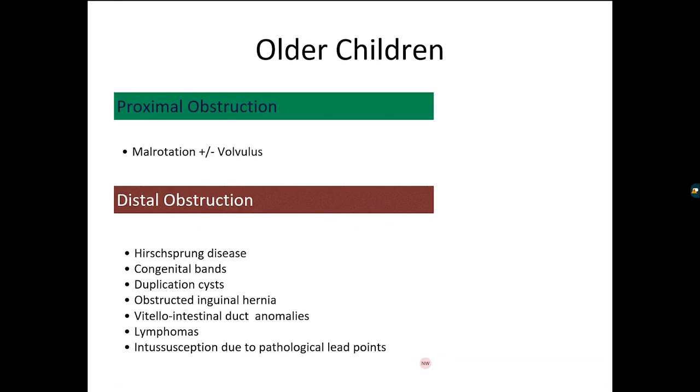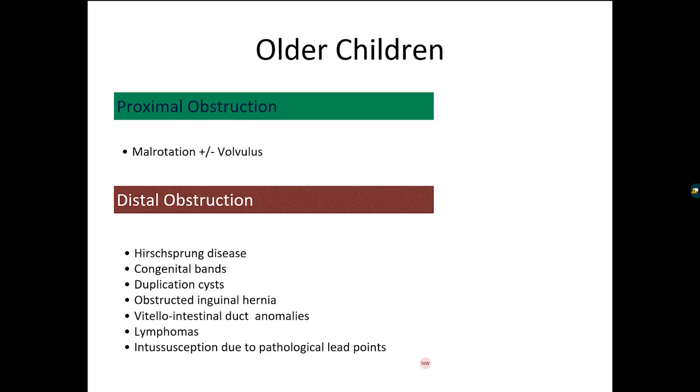Again, the management principles should follow the initial principles that we've discussed, namely fluid resuscitation, nil by mouth, NG tube, IV antibiotics. So those things will be the same regardless of the age of the child.